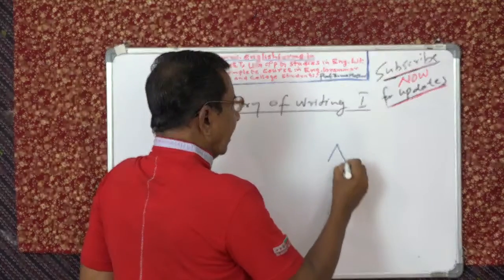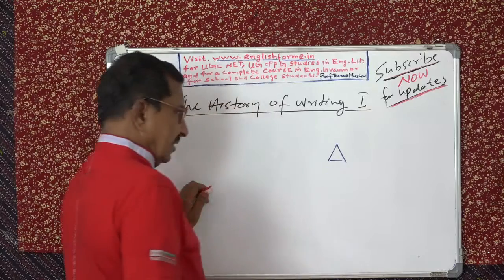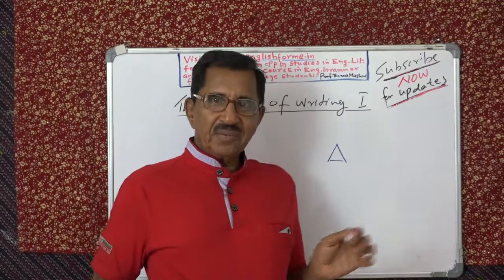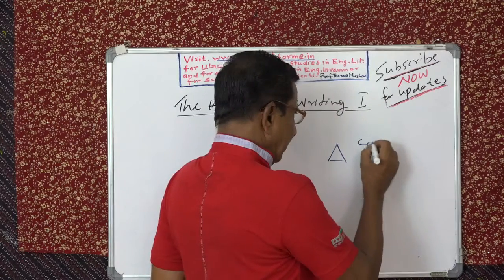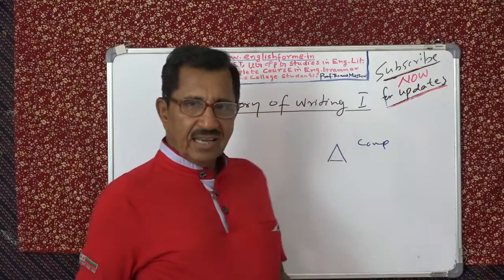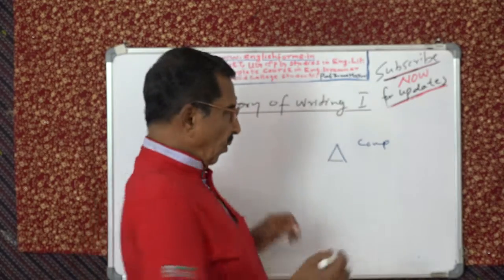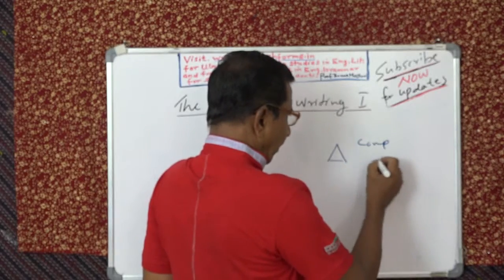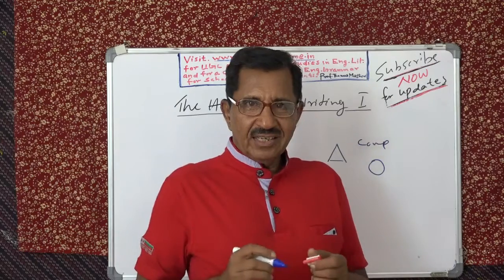A. See, what shape is this? Cone shape. See, any cone shape. English A. Then O, English O, that is a sphere.